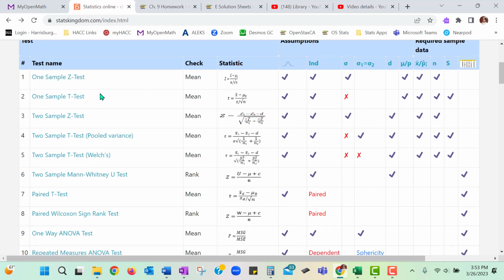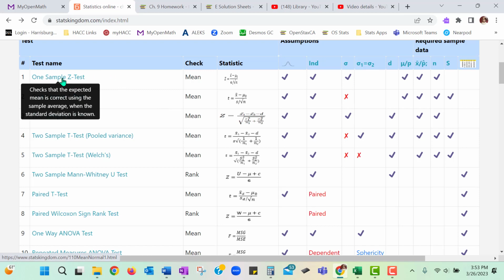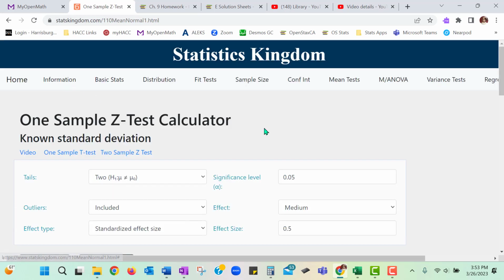These first two, notice it tells us it's testing the mean, and then it's either a z-test or t-test, one sample, and the difference is whether or not we know our population standard deviation, and they basically tell us that too. So we do know ours, so we're going to use the one sample z-test.